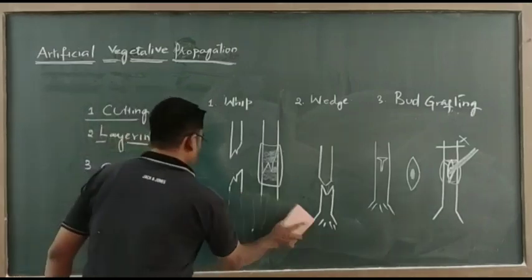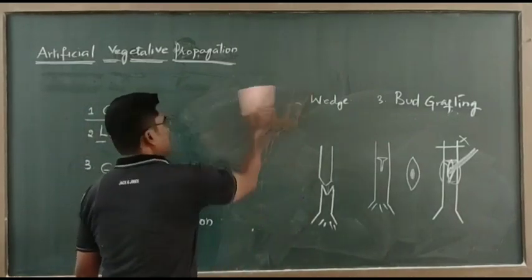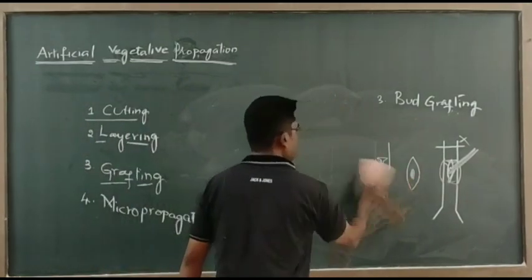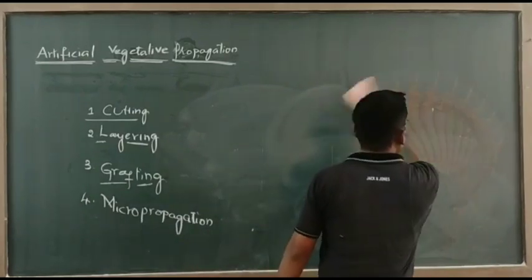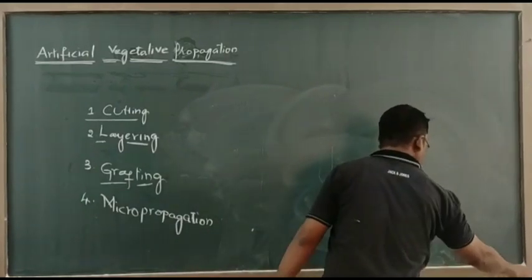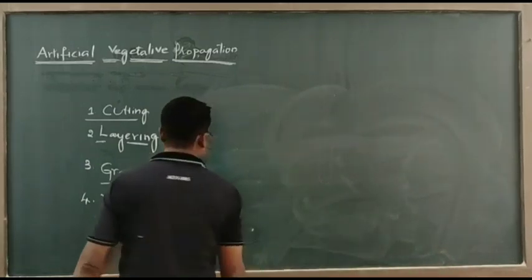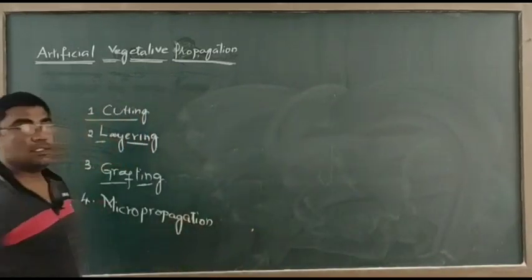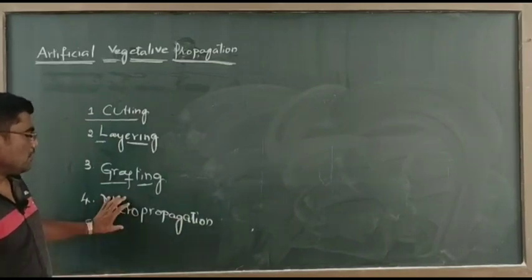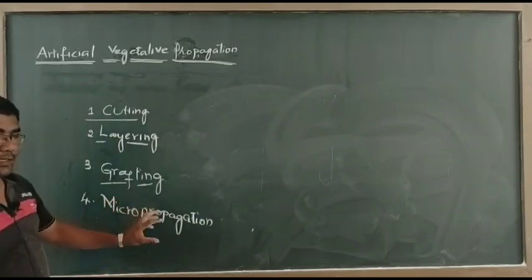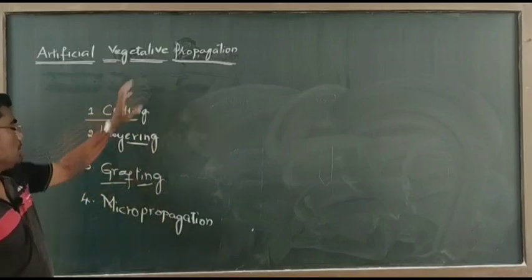Whereas next we have micropropagation. Micropropagation is a modern technique. It is nothing but a plant tissue culture technique. What is this micropropagation or plant tissue culture technique of vegetative propagation?